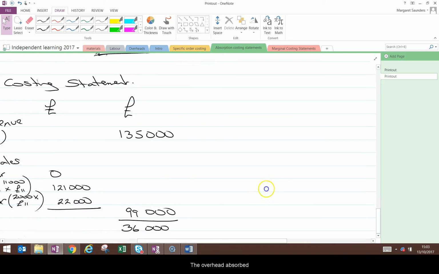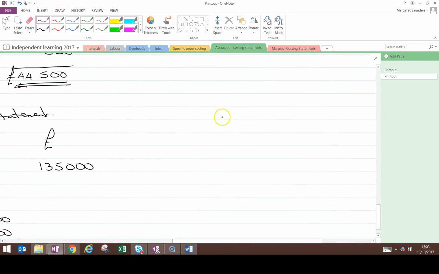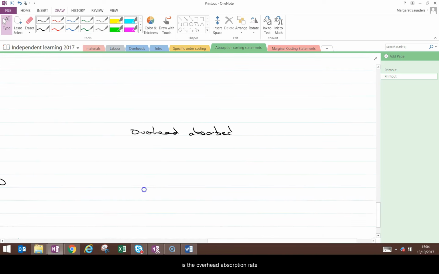So the overhead absorbed is the overhead absorption rate of £2 an hour times 5,500 hours, which is £11,000.